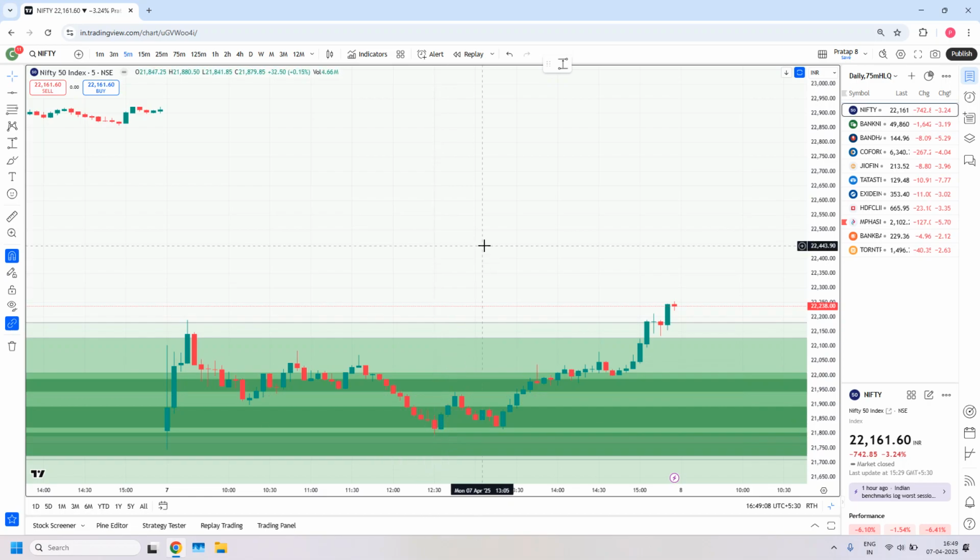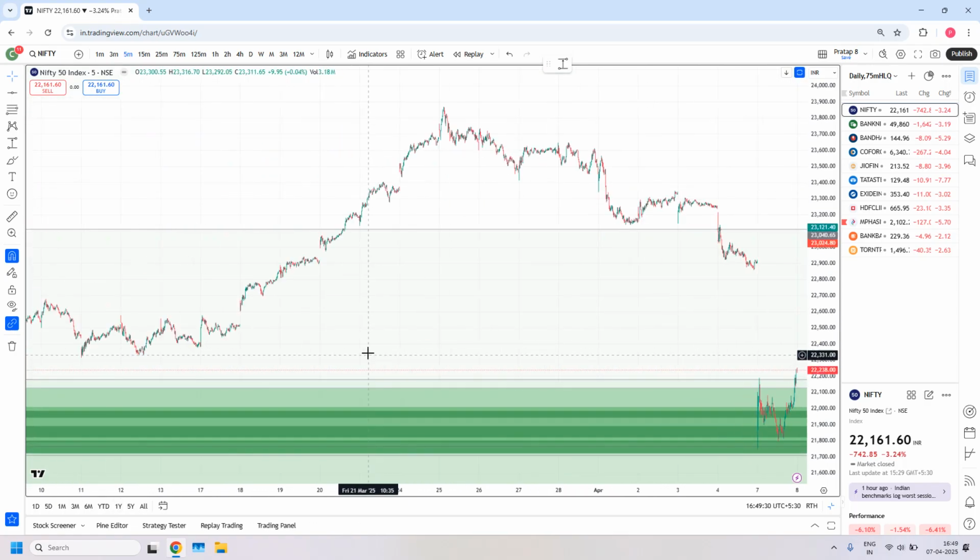Do you remember the last 6 or 8 months, how many times the lower time frame zone horizon concepts gave you profits? Lower time frame zone as a horizon to the higher time frame zone. What is the lower time frame zone? This 5-minute zone. What is the higher time frame zone?